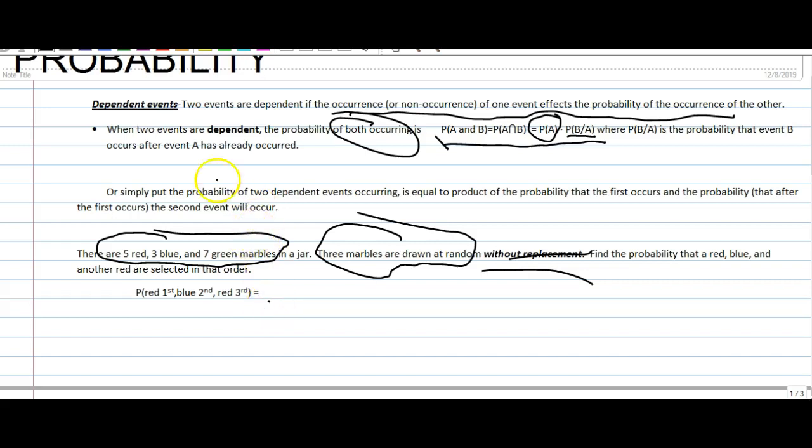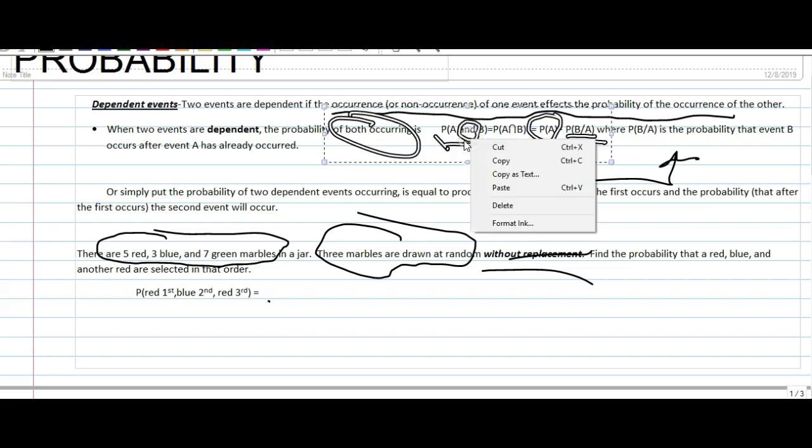Now, the probability that two or more dependent events all occur is equal to the product of their separate probabilities. So we're still multiplying the probabilities. And again, notice that the connective here is still and.